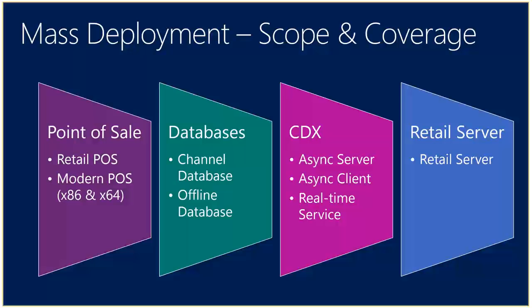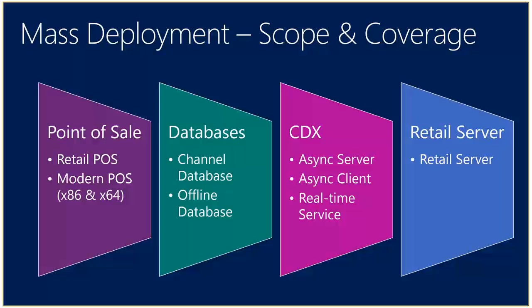This feature area does not cover mass deployment of the modern point of sale application on the Windows RT edition of Windows. This is only for the x86 and 64-bit versions of Windows.